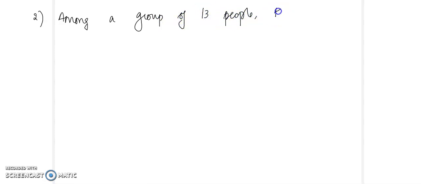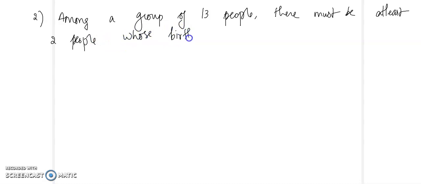And the next example is, among a group of 13 people, there must be at least 2 people whose birthdays are in the same month.